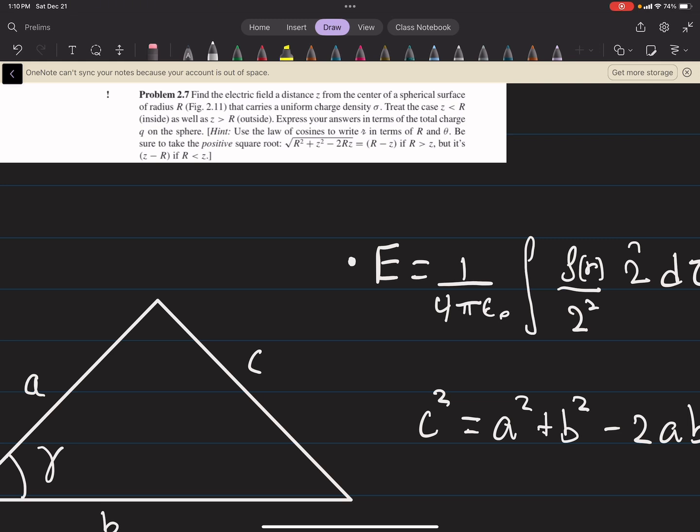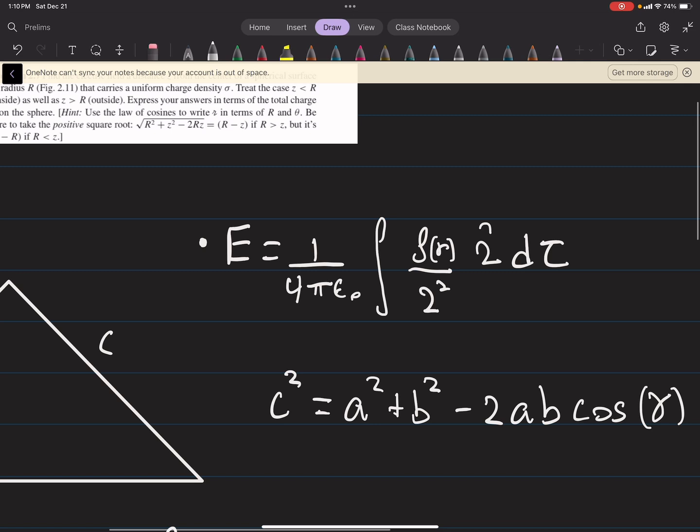So let's just talk a little bit about what we'll need. To begin with, we have this equation for our electric field given some charge distribution. This is our main equation that we will always use with these sorts of questions, so it's important to know.